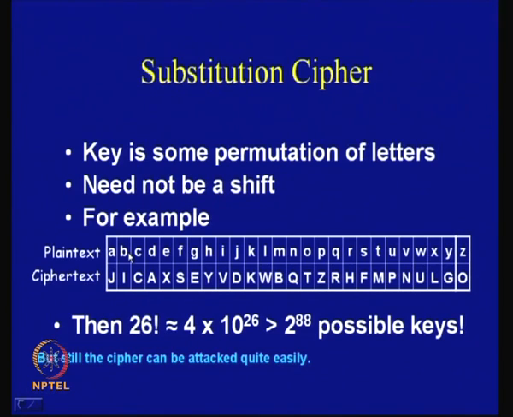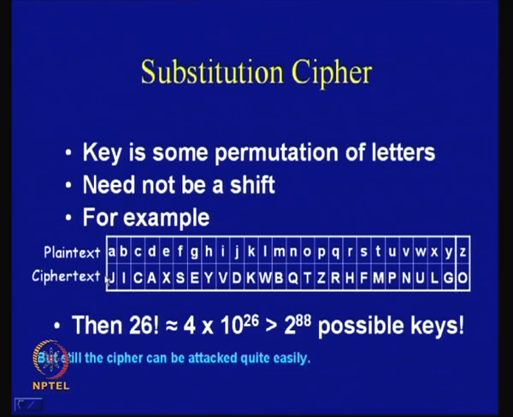It's not an injective function. So B will get mapped into something else other than what A has got mapped into. So it could be I. Similarly C could get mapped into something which is not J or I. So this particular mapping or table can define a particular key.